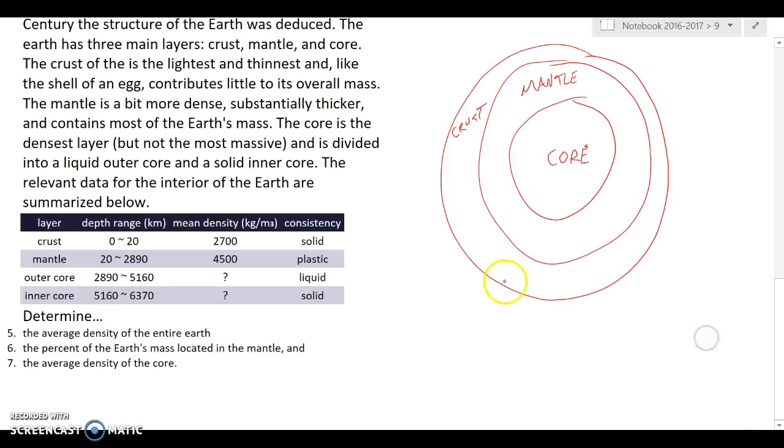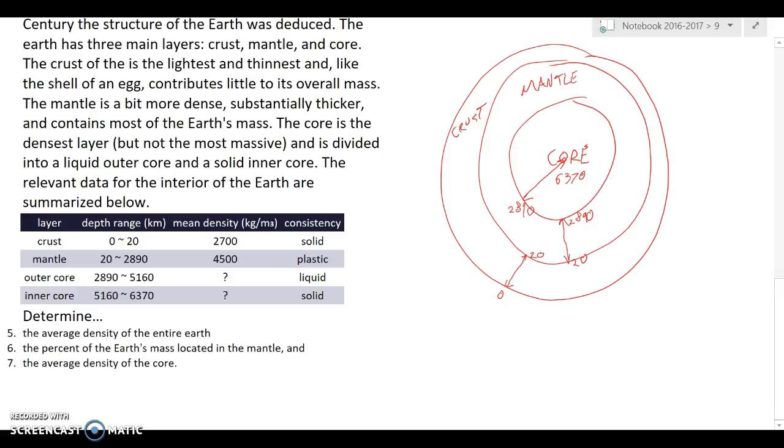So the crust goes from 0 kilometers into the Earth to 20 kilometers into the Earth. The mantle goes from 20 kilometers into the Earth to 2,890. And if we add the outer core and the inner core together for simplicity, it goes from 2,890 kilometers into the Earth to 6,370. So far, so good. Now there are 5 questions for you to complete.